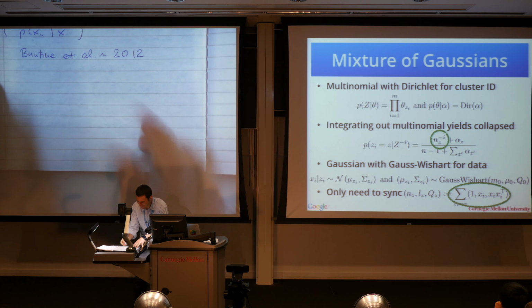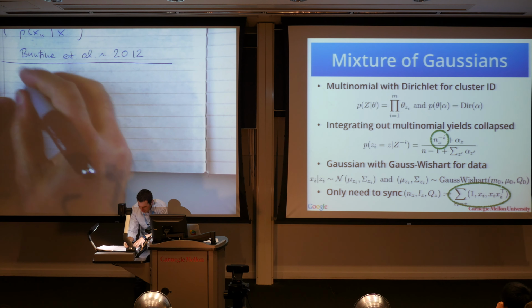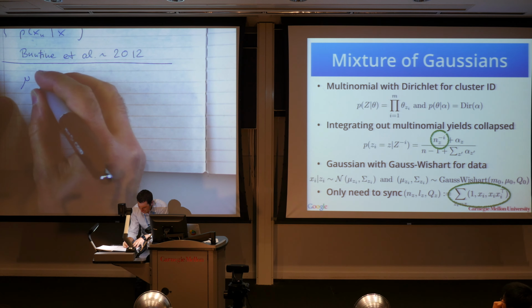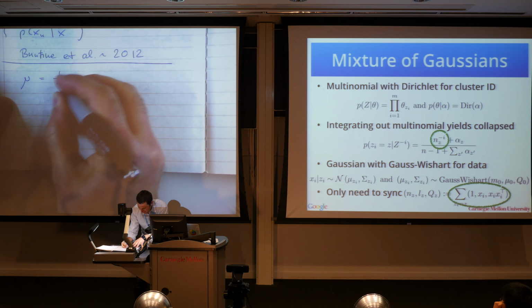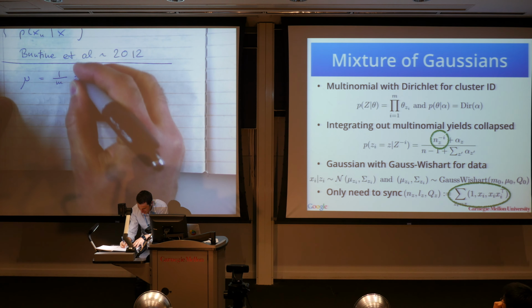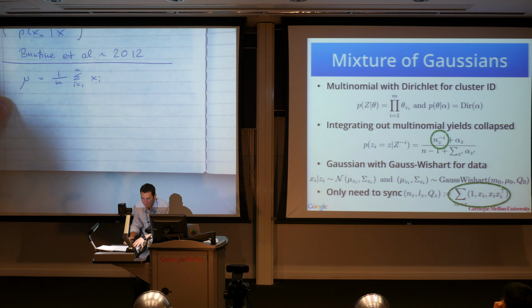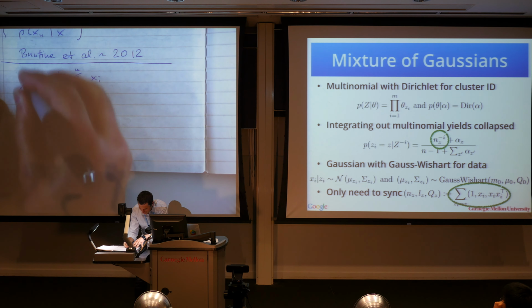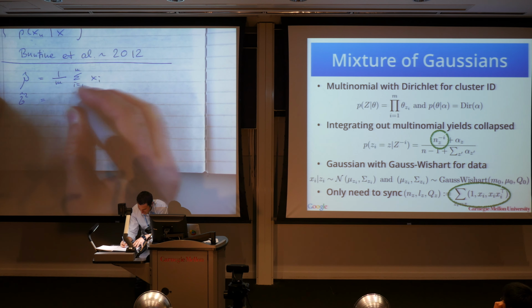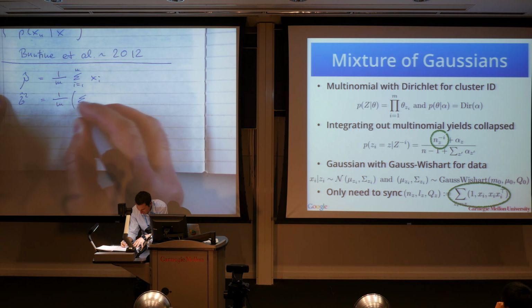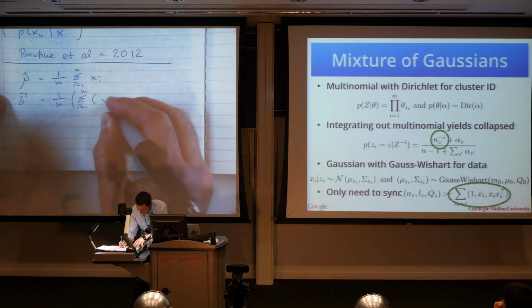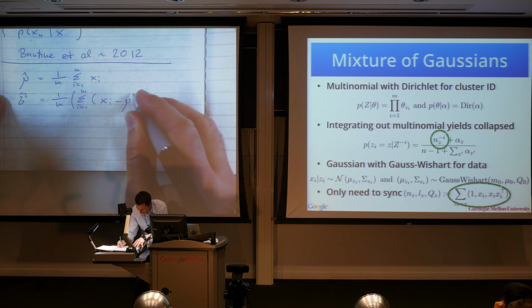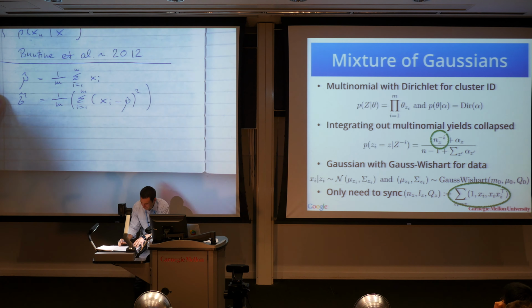So here's what's really happening, right? We know that the mean, mu, is basically 1 over m, sum over i going from 1 to m of xi. And we know that the variance, sigma squared, is, well, 1 over m, and I'm not going to worry about the m minus 1 versus m discussion here, sum over i equals 1 to m of xi minus mu, squared.